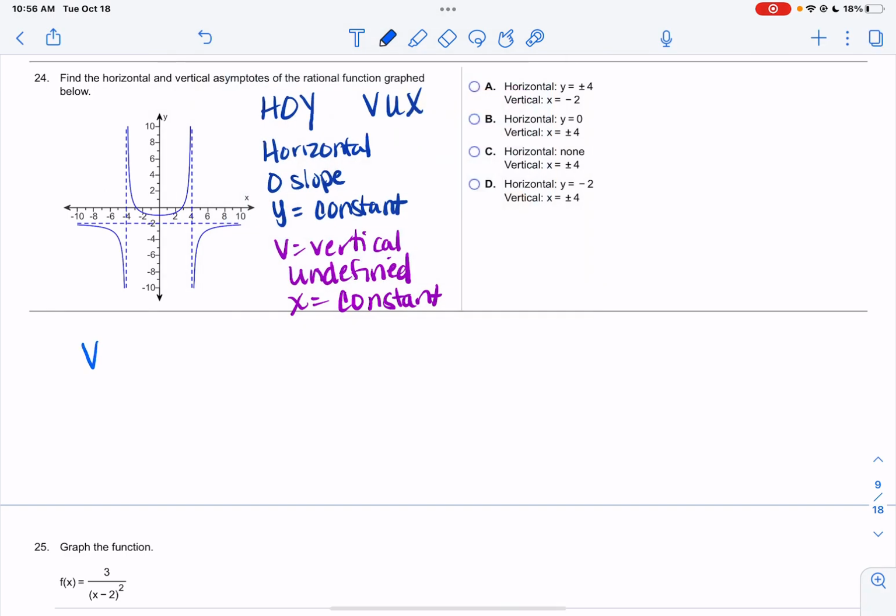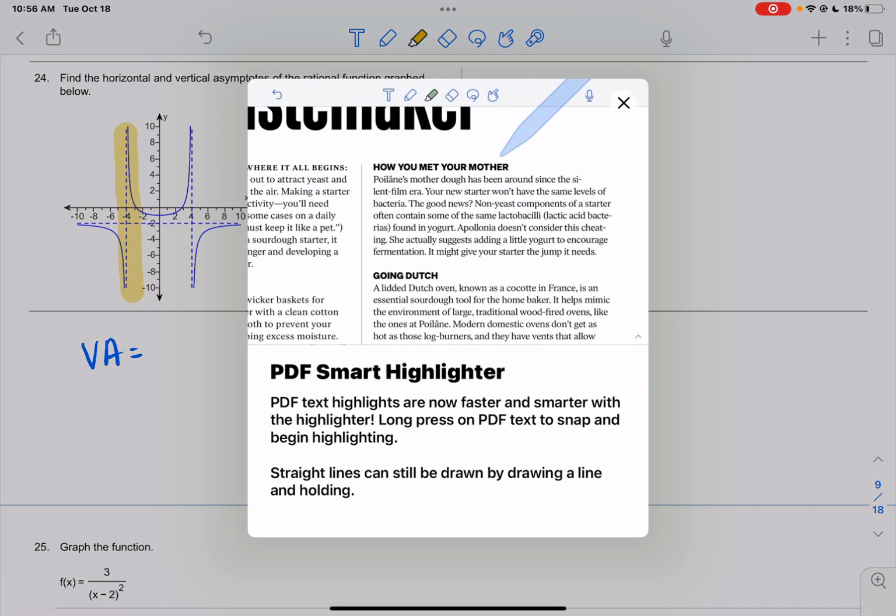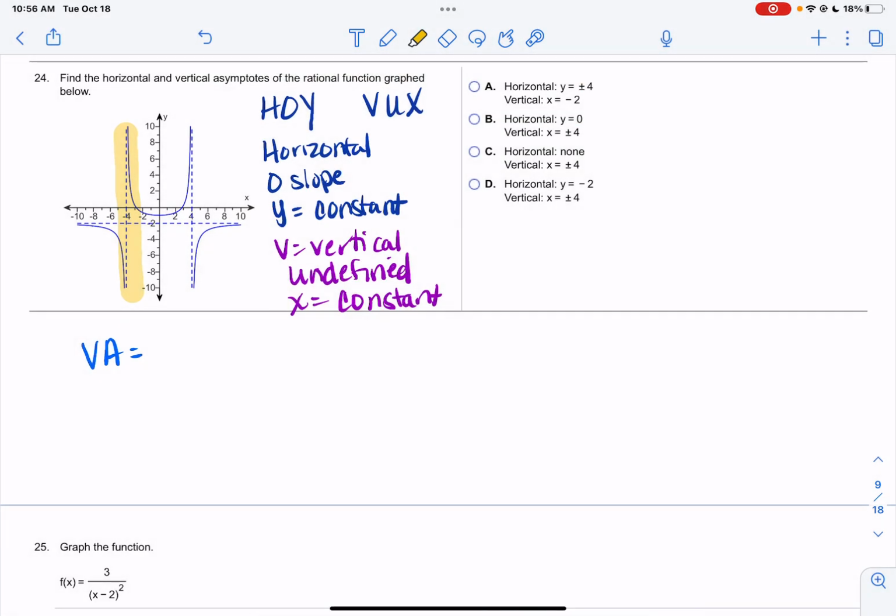The vertical asymptotes are found at these two vertical lines: this line where x is equal to -4, and this vertical line here where x is equal to +4. Those are our two vertical asymptotes.